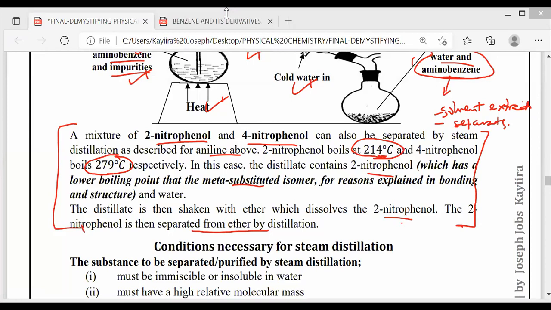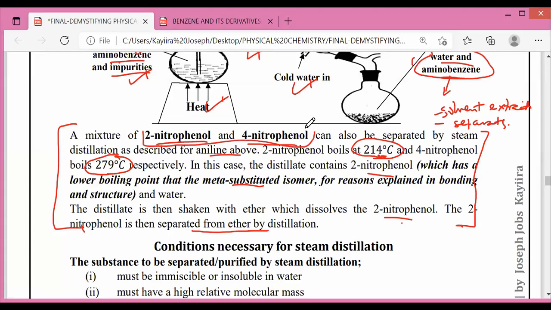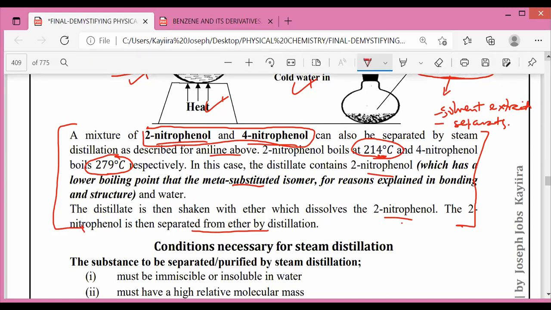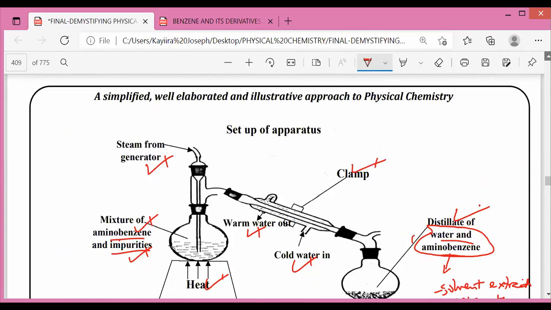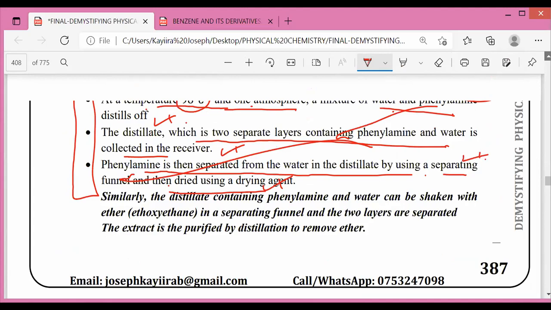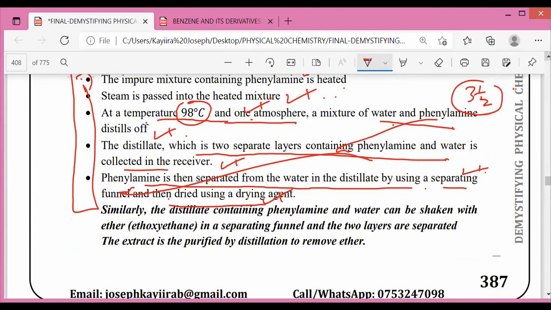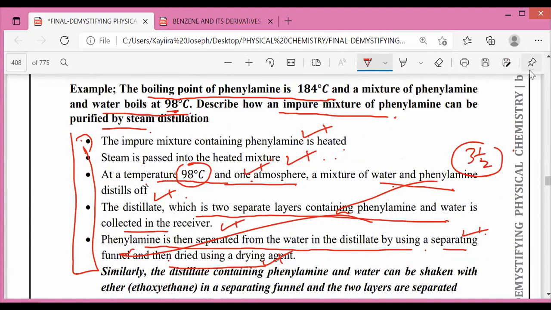Pardon, teacher, the question? The question is, describe how a mixture of 2-nitrophenol and 4-nitrophenol can be purified by steam distillation, or how we can collect pure 2-nitrophenol from a mixture of 2-nitrophenol and 4-nitrophenol.